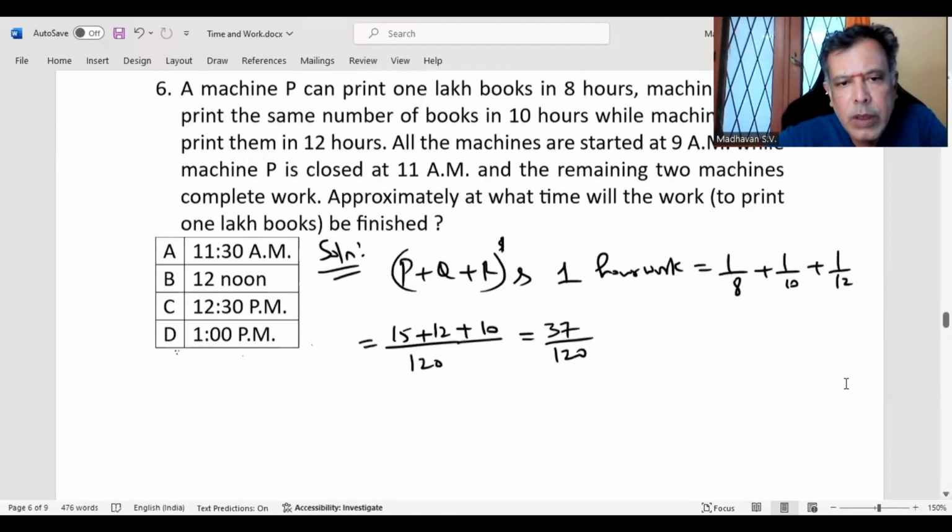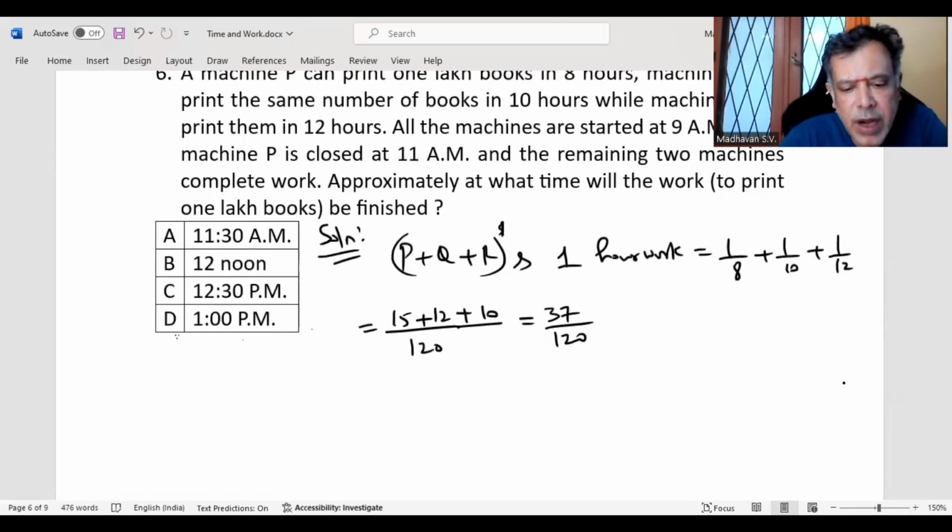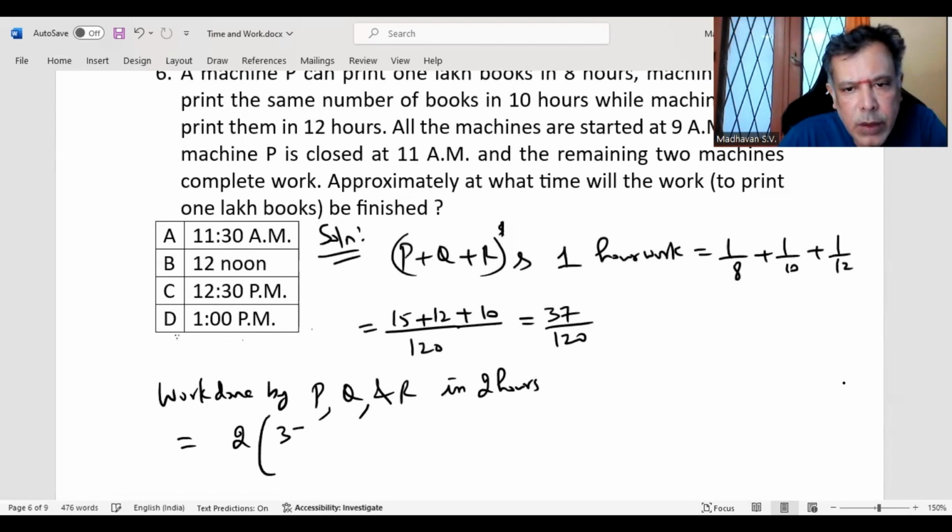Now, initial 2 hours, all the machines are running. Work done by P, Q, and R in 2 hours is equal to 2 times this one, 1 hour work of all the 3.